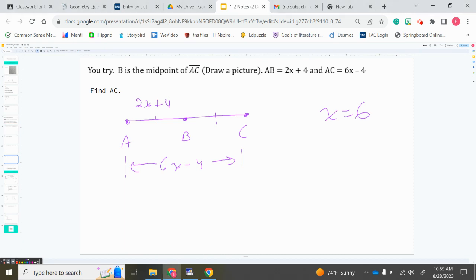So I'm going to take that 6 and substitute it in. So what does AC end up equaling? 36 minus 4, I get 32. That's what they're looking for. Any questions?